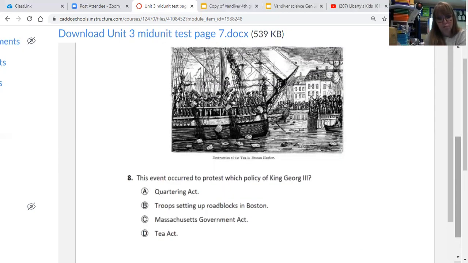Remember, that's not slicing up soldiers. B, troops setting up roadblocks in Boston. C, Massachusetts Government Act. Or D, Tea Act. They're protesting the Tea Act. They did not want to pay taxes on tea.